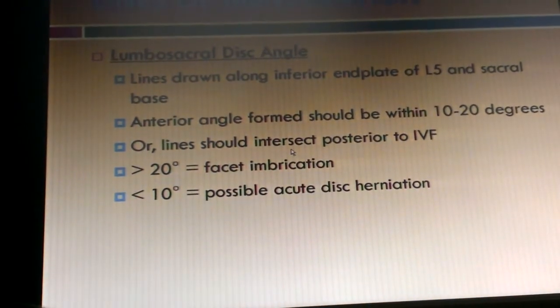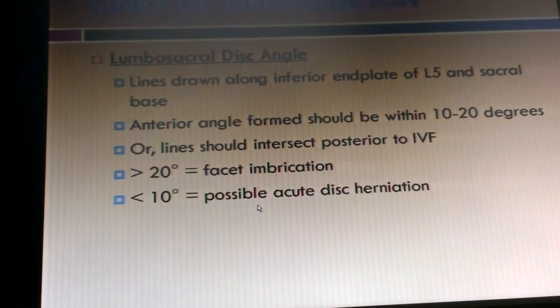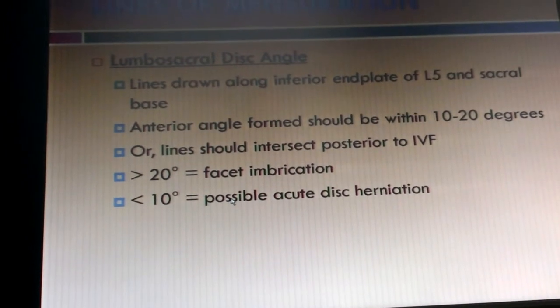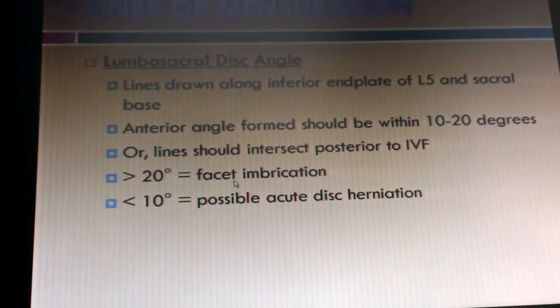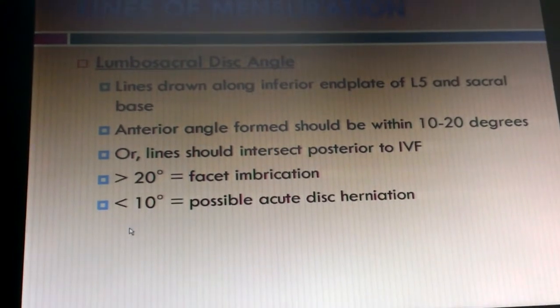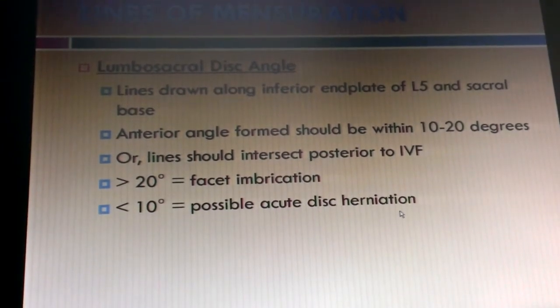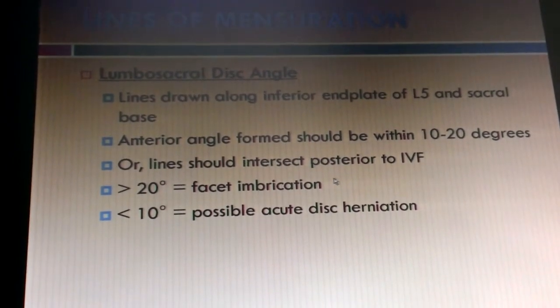Lumbosacral disc angle, the purpose is pretty much the same. We're trying to evaluate for the implication, and if it's more than 20 and less than 10, you know, it could be disc herniation. So now it's just the relationship of the fifth lumbar to the sacrum. So you just draw a line along the anterior end plate of L5, the sacral base, and this is the angle that you measure.